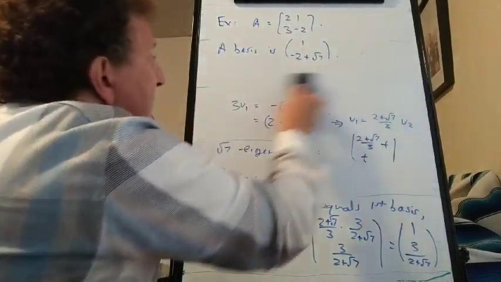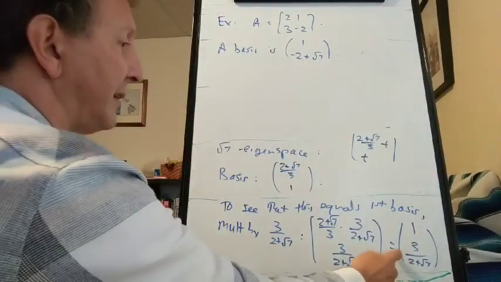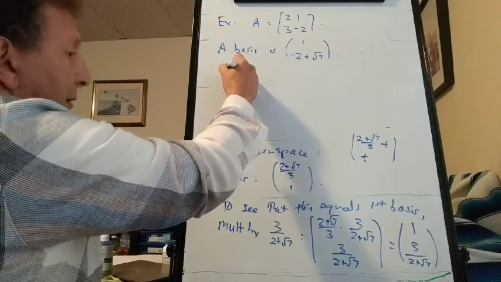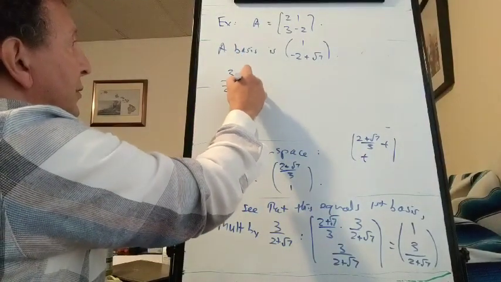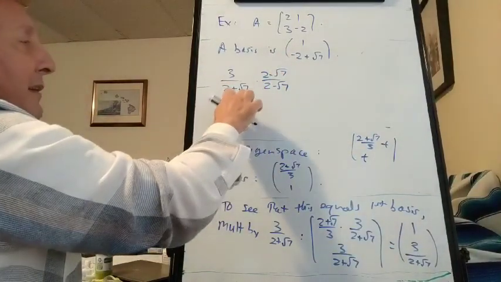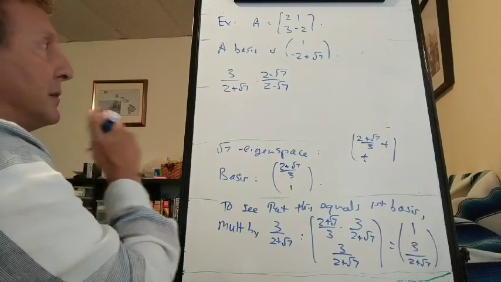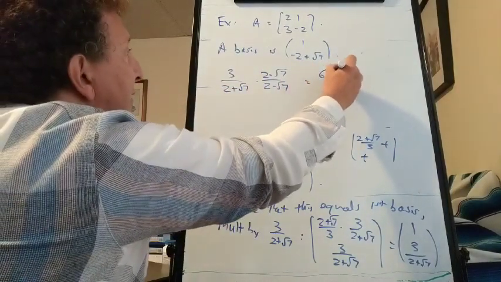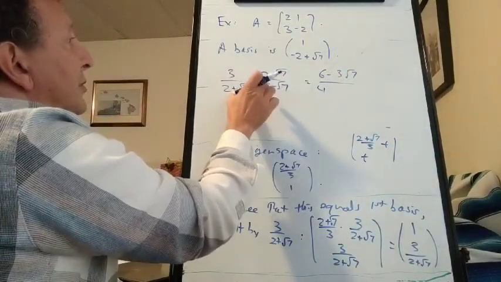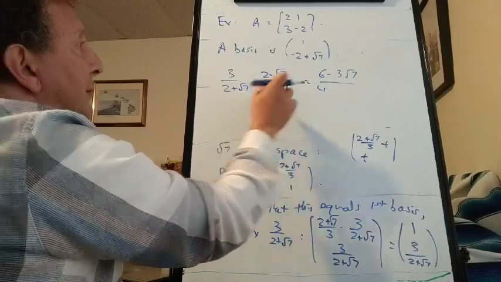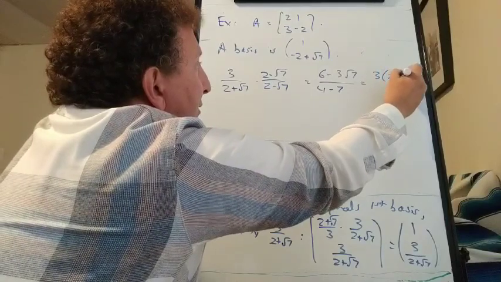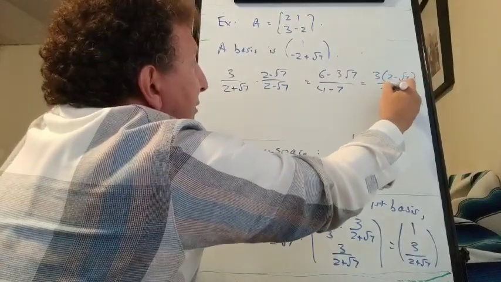but let's see that this bottom component actually is negative 2 plus root 7. 3 over 2 plus root 7 times 2 minus root 7 over 2 minus root 7. I'm doing that to rationalize the denominator. Gives us 6 minus 3 root 7 on top, and 4 minus 2 root 7 plus 2 root 7, those cancel, minus 7 on the bottom, which is 3 times 2 minus root 7 on the top, and minus 3 on the bottom.